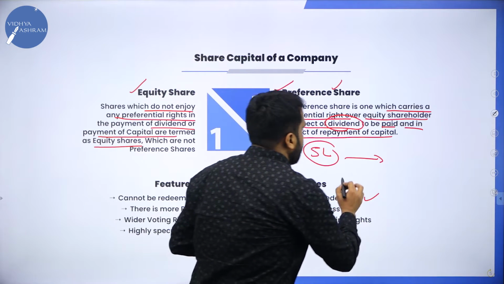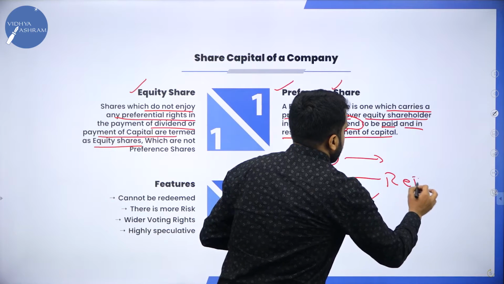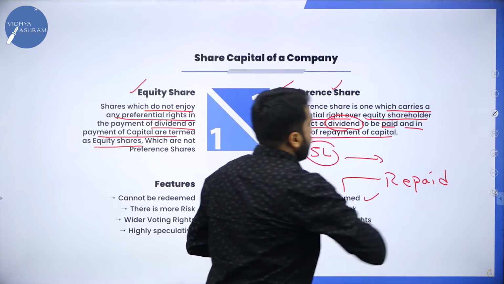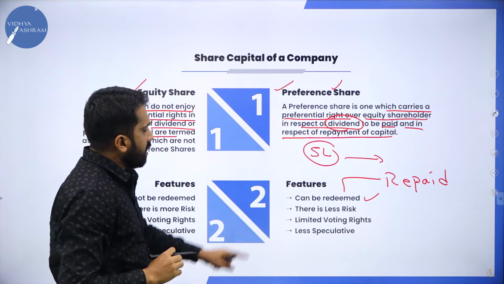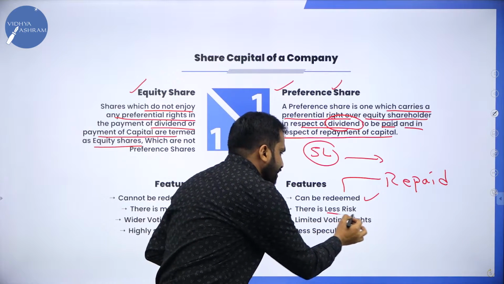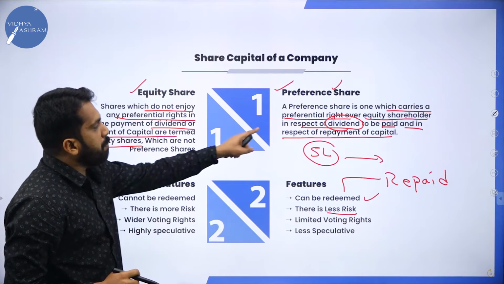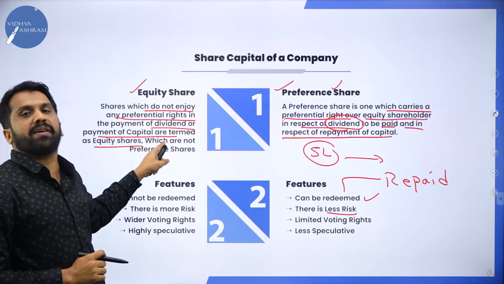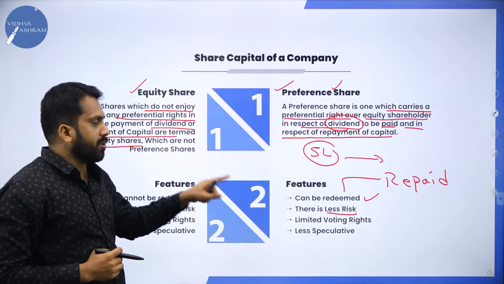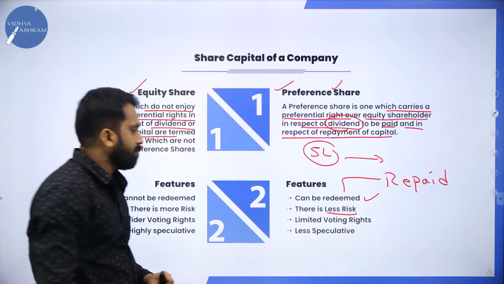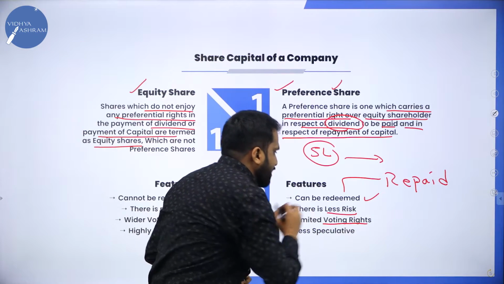Redeem means, remember, repaid. Clear? Second point, less risk. Why is there less risk? Because first it will be paid to them, later it will be paid to equity shareholders, so risk will be less. Limited voting rights.